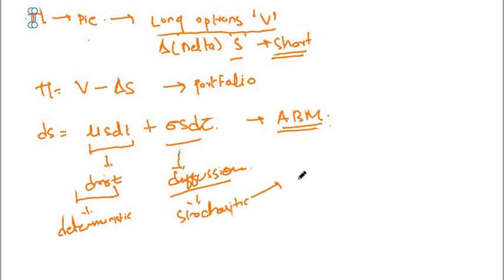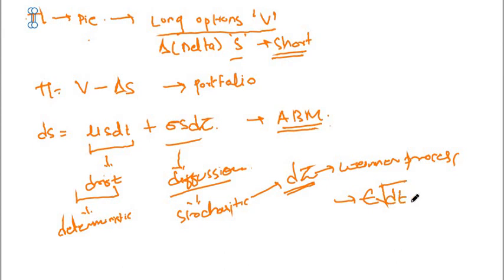Why stochastic? Because we have dz. dz is nothing but a Wiener process, which is a standardized Brownian motion process, and it follows a random walk. It is nothing but epsilon, which is some noise, times the square root of dt, which is the tiny time interval.